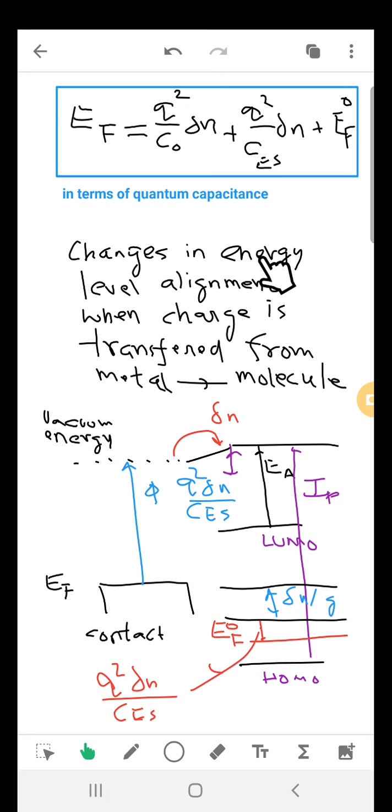Now, consider the changes in energy level alignment when a charge is transferred from metal to molecule. When there is a charge transfer, there will be changes in the alignment of the Fermi levels. If this is the metal and this is the contact, it has a work function. This phi is the work function of the molecule.